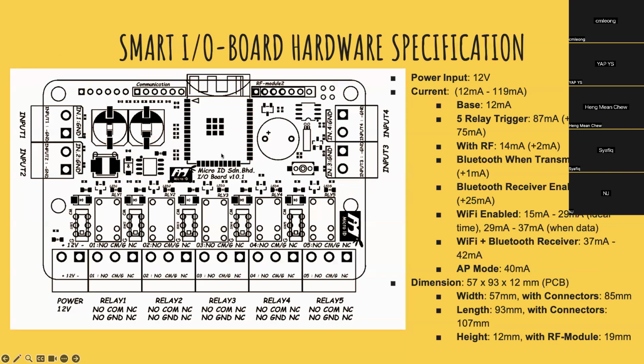And IOBot, the dimension is 57 by 93. It's 2 times smaller than the previous board. It's capable of accepting Wi-Fi, Bluetooth, and a few other wireless signals. In future interlocking conditions, as in today's example, you can open the interlock by RF switch and by micro ID's wireless reader.